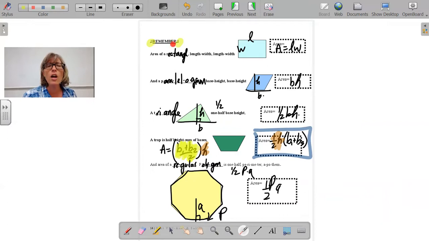The area of a rectangle, length, width, and a parallelogram, base height. A triangle, 1/2 base height.